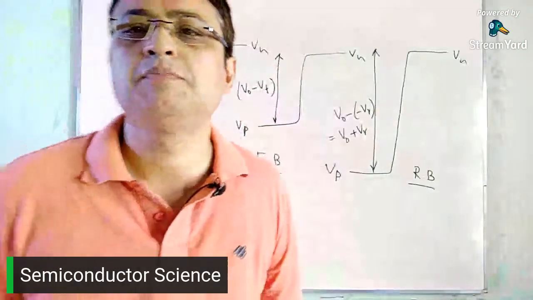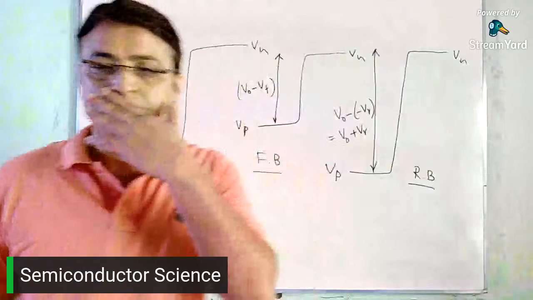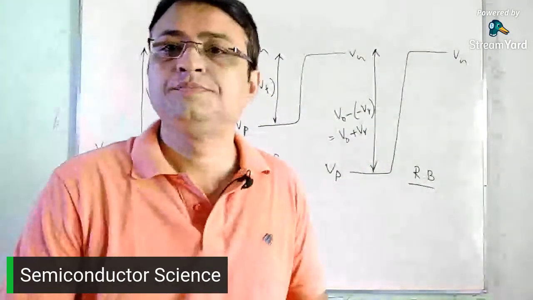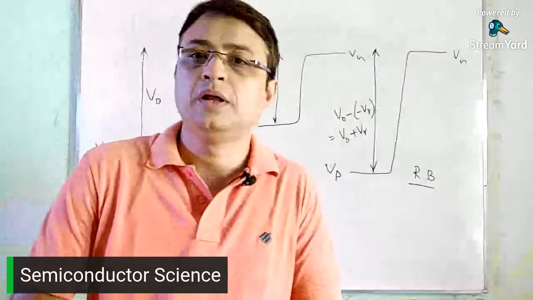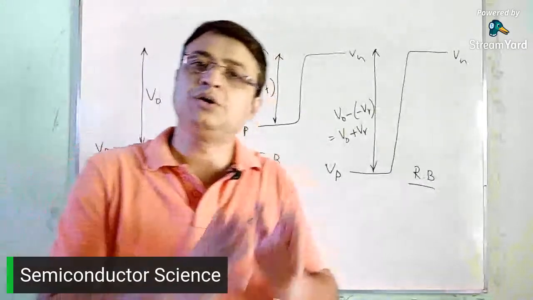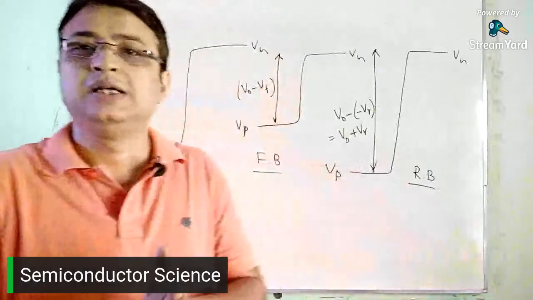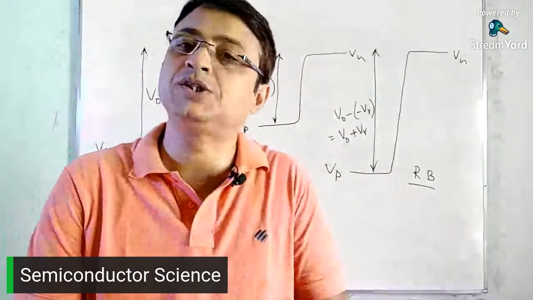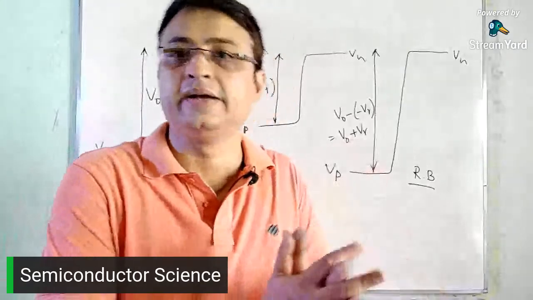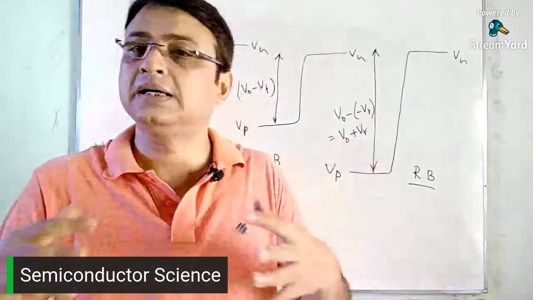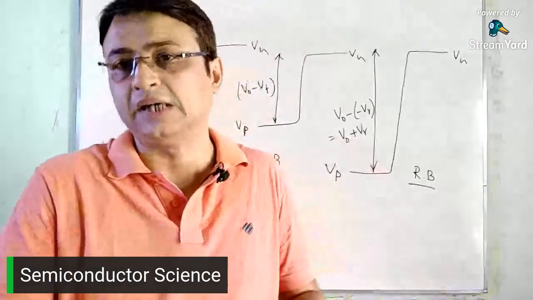Why not VF minus V0? Solomon, V0 is the inbuilt potential, the contact potential which already exists inside the PN junction.